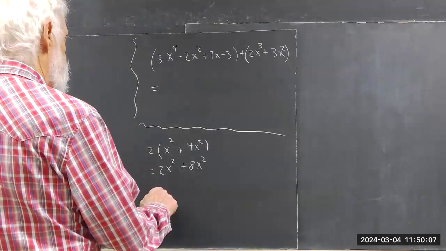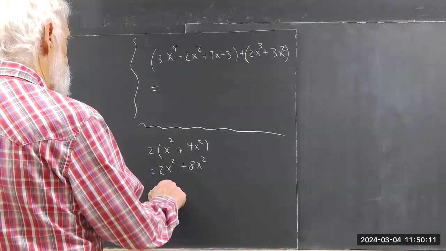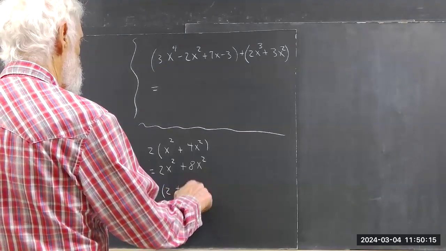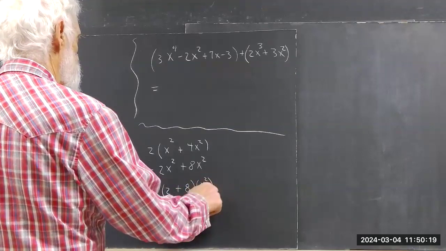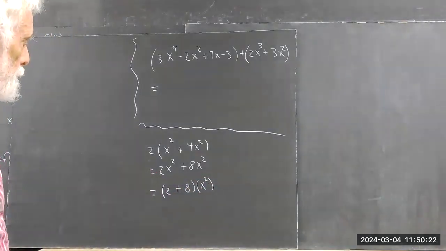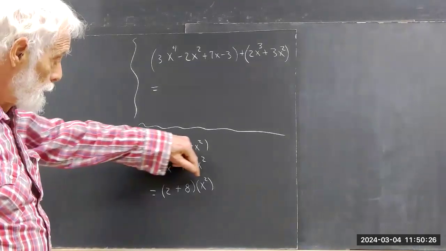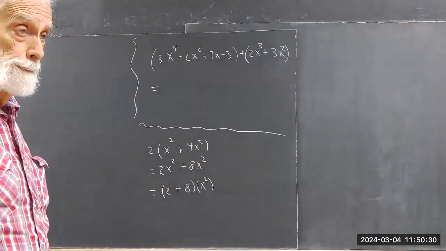Now, I can write that as 2 plus 8 times x squared, because the 2 multiplies the x squared and the 8 multiplies the x squared.